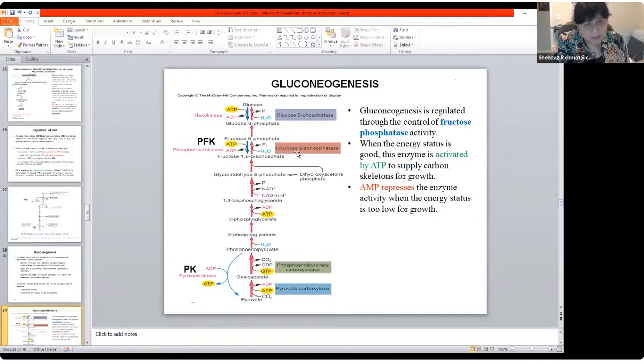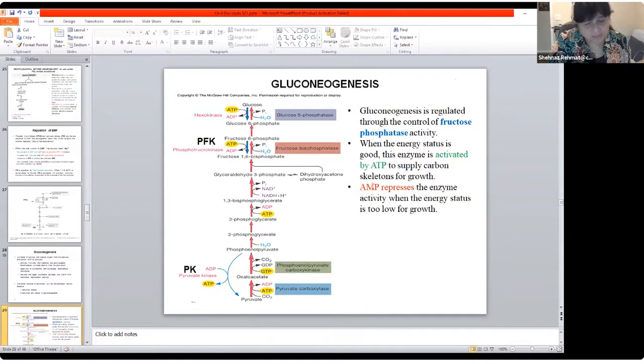Now this enzyme looks at the energy status in the cell. This enzyme will be activated by ATP, and then your supply of carbon skeletons will be created for growth. And ATP and AMP, of course, are very important in knowing the energy status.